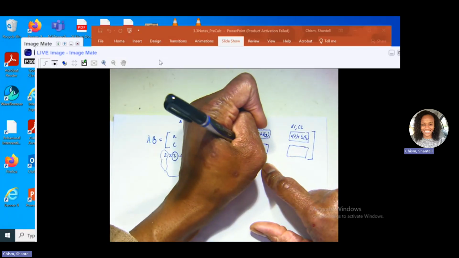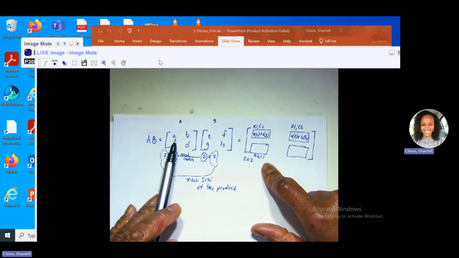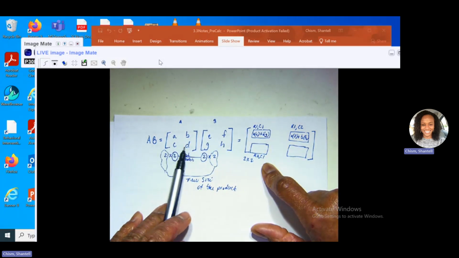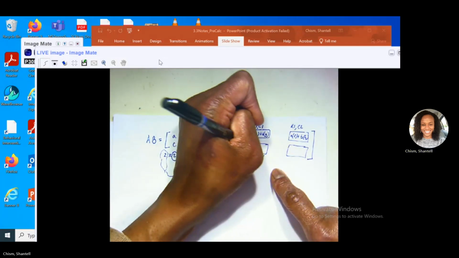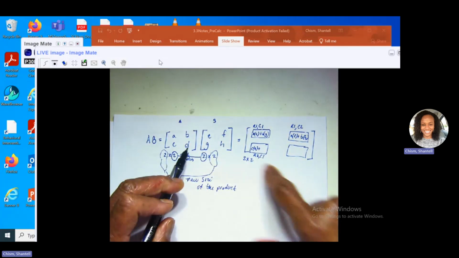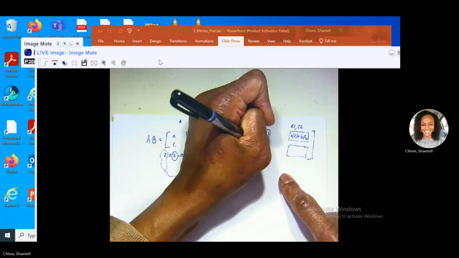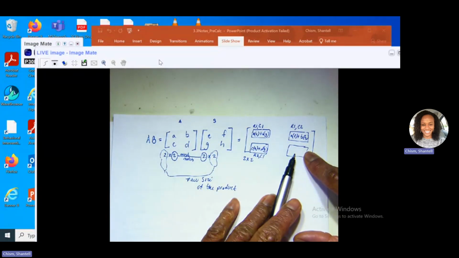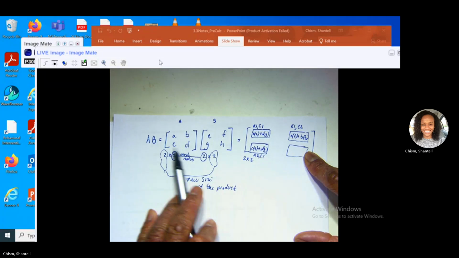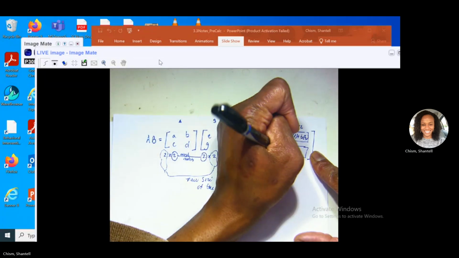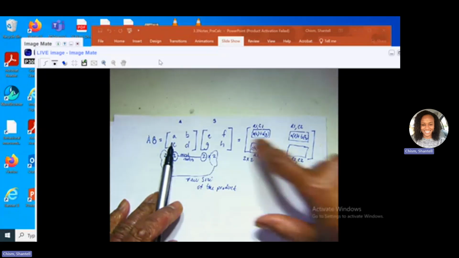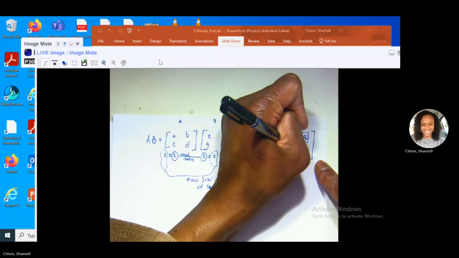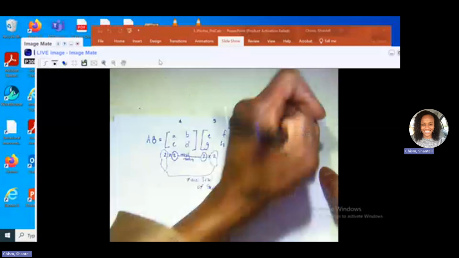So C times E plus D times G. And this element here is found by using row 2, column 2. So C times F plus D times H.